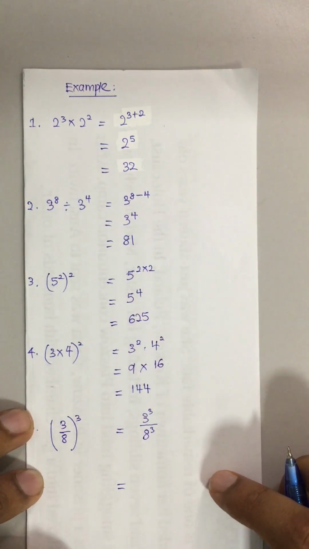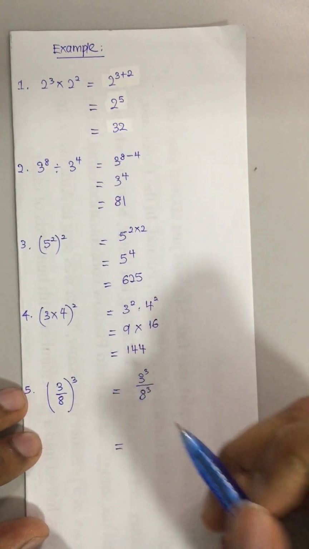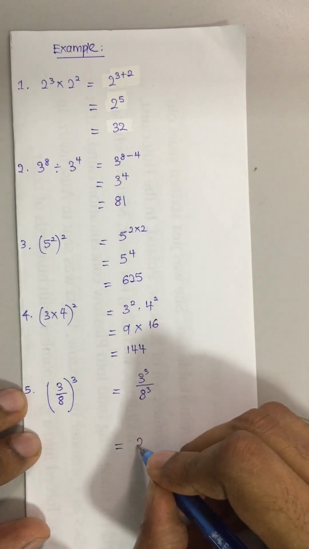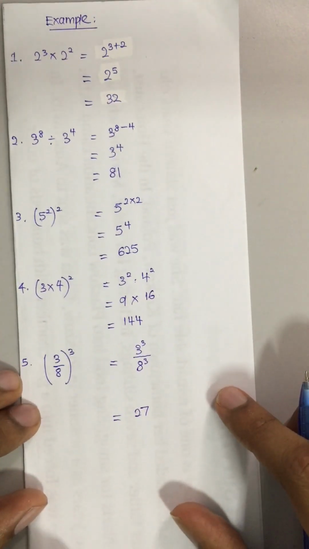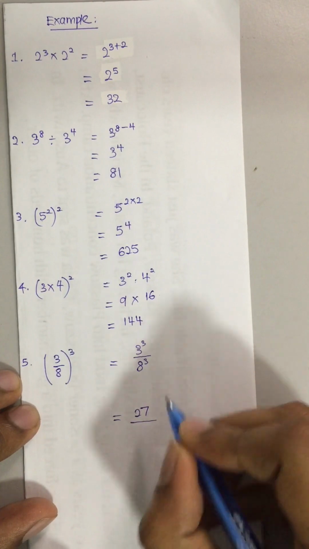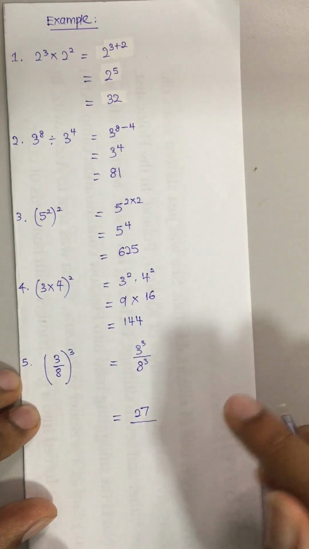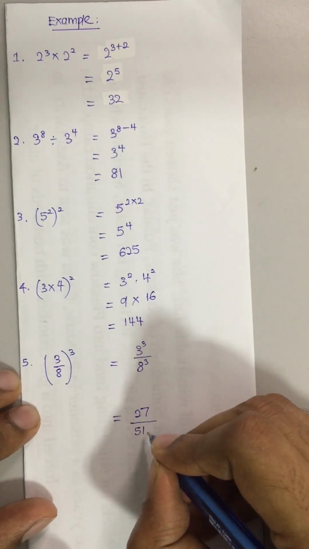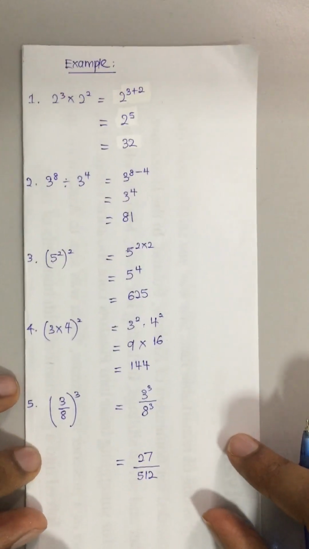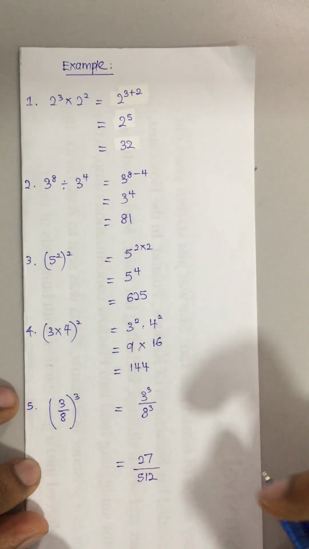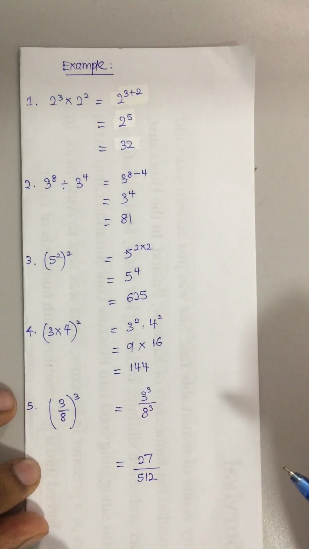You solve this, you get 3 cubed is equal to 27, and then divide by 8 cubed. 8 cubed, you get your answer is 512. This is the quick explanation regarding the law of indices based on these five examples.